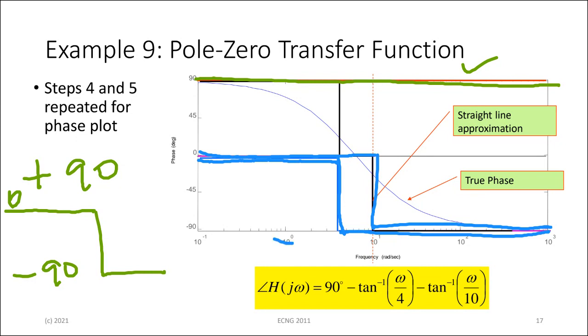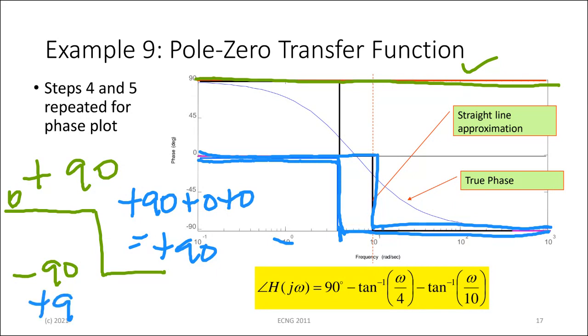So between 0 and 4 radians per second, it's plus 90 plus 0, which is plus 90. Then between 4 and 10, it's plus 90 for the zero, 0 for this one, and minus 90 for the other component. So that's 0. So it goes to 0 here.